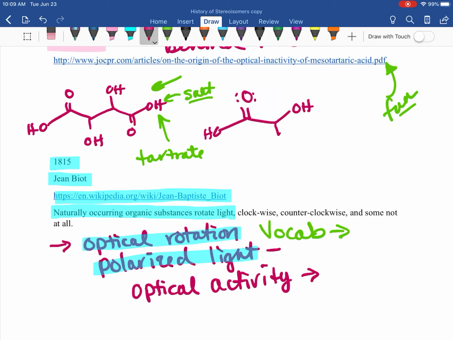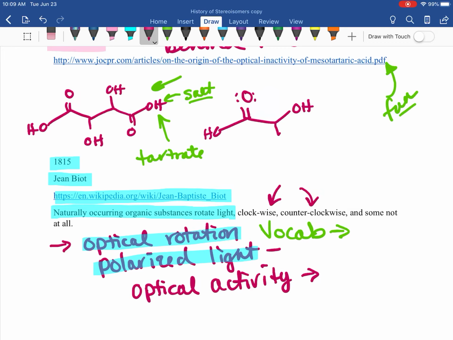And what's cool is that when you started to look at these organic substances, some rotated light clockwise, others rotated light counterclockwise. So the plot just thickened. And if I had any clue how to make these videos and put in music, I would put in the, like, dun dun dun. The plot just thickened.